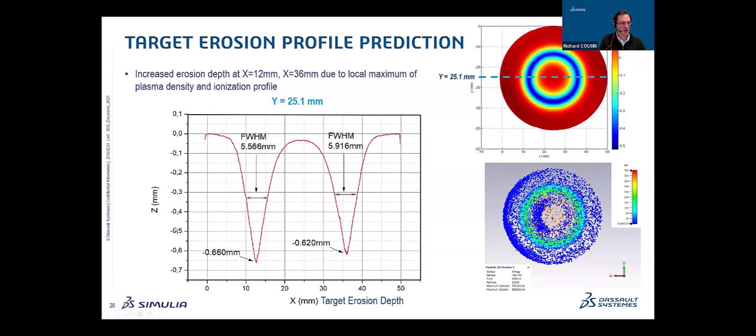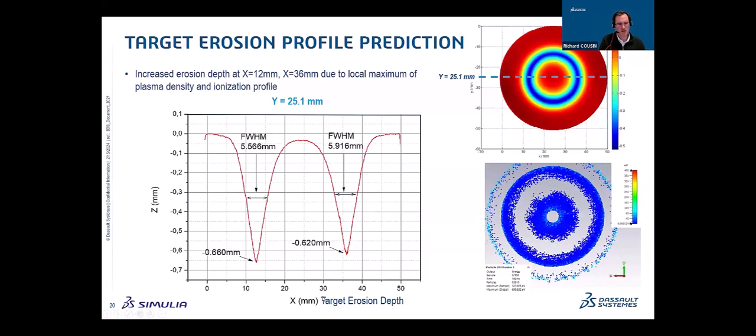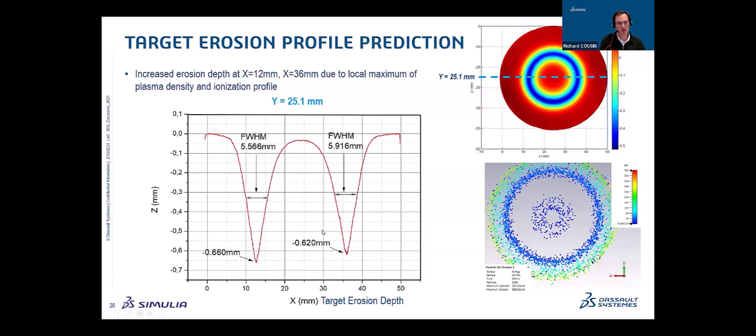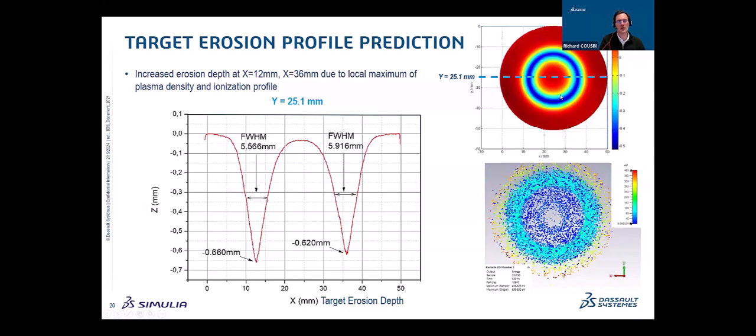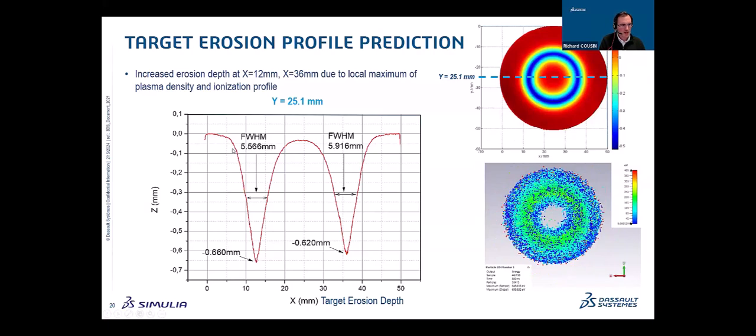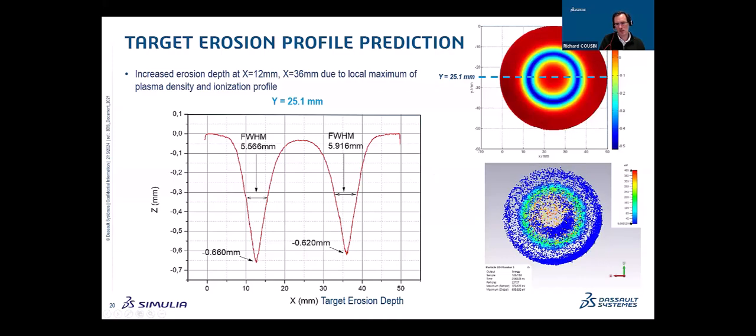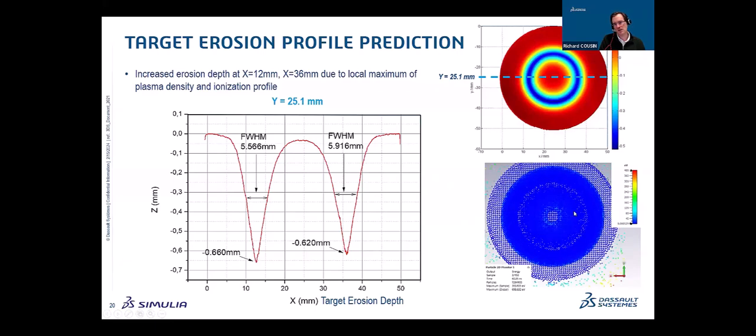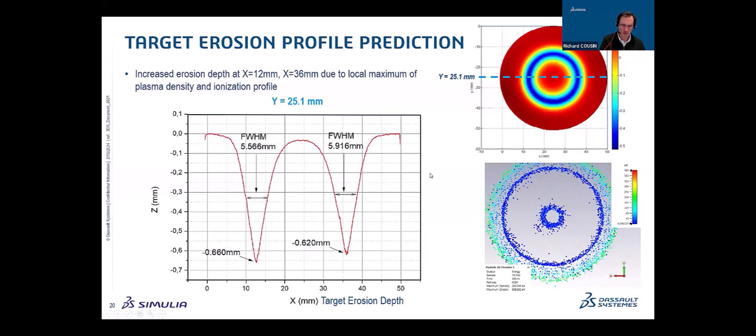Here you have the z-axis versus the x dimension, perpendicular to the plot you have on the right-hand side. Then you see that we can also see the erosion profile on the target. This can be estimated by the simulation, and we can compare this with the experiments. And by the way, you can nicely see the ring of plasma, which is generated hitting the target at the end of the process.